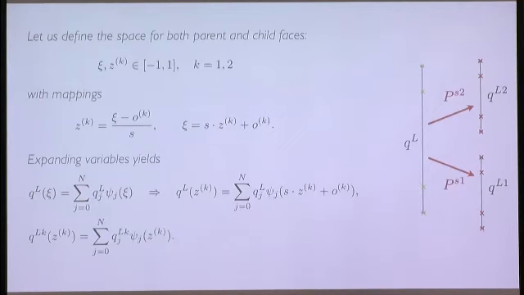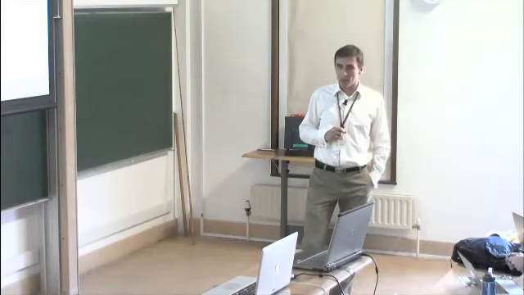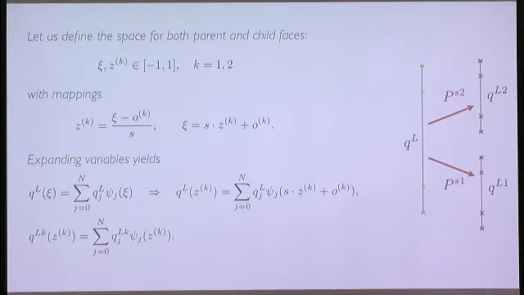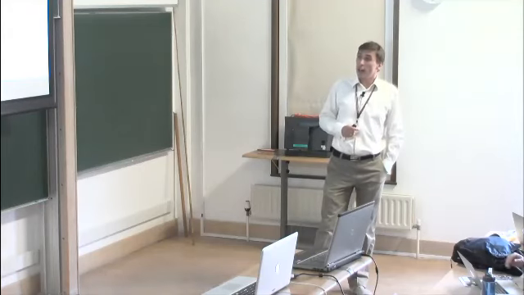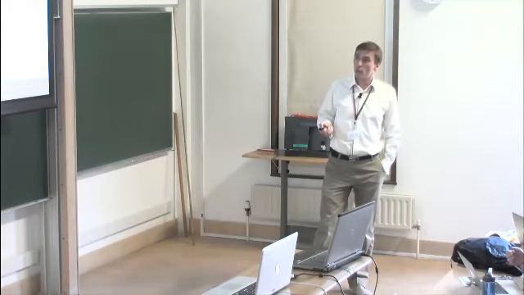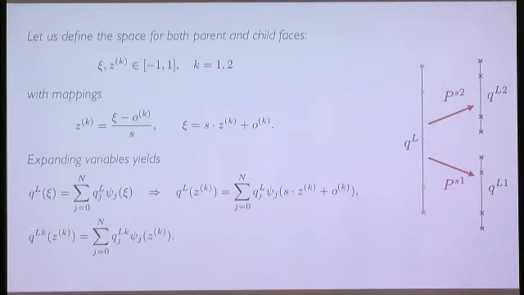And now we play our usual game, namely we expand QL in the parent basis psi, but we plug in our mapping so that we can represent QL in terms of those z coordinates. And we expand our unknown QL k in terms of z as well.